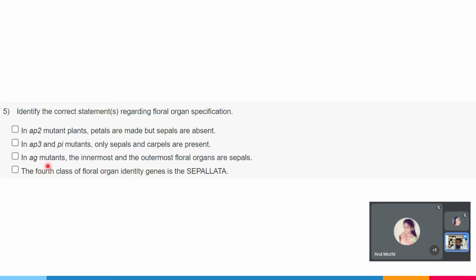In AG mutants, the innermost and the outermost floral organs are sepals, and the fourth class of floral organ identity genes is known as the sepatella. So out of these four, we have to choose which are correct. So this is a box type of answer, so more than one is correct.